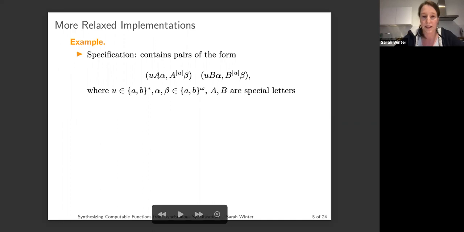Whenever we see a big A in the string, then the output should start with as many big A's as we have seen symbols before our special signal A occurred, and the same for B. If we see a big B in the input string, then our output should start with the same number of big B's that we had to wait in order to see the special signal. And then after that, the output can have any form composed of A's and B's.